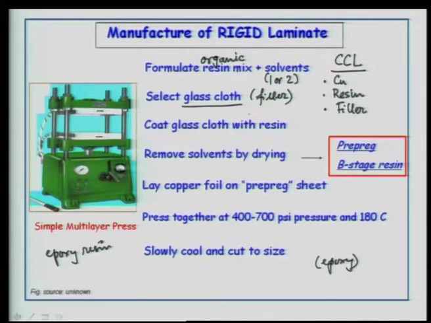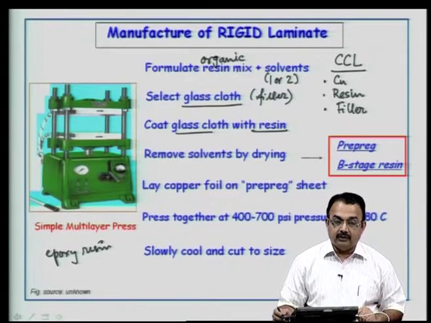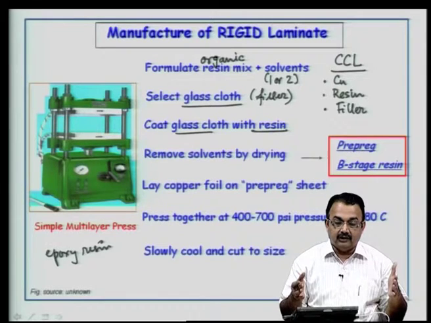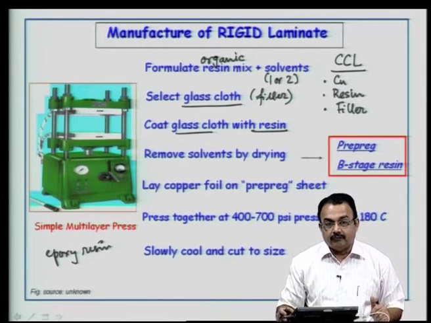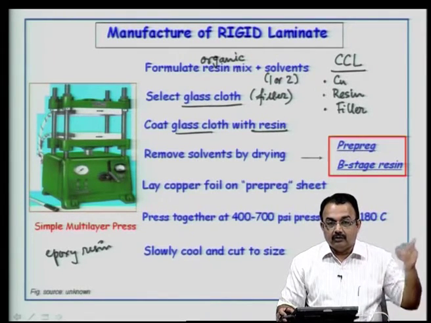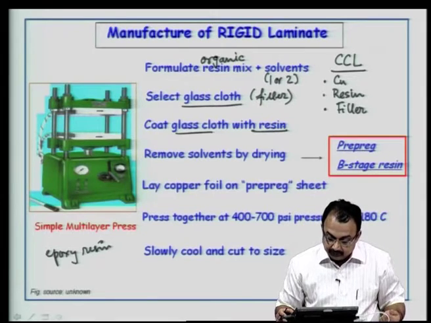Now, the glass cloth or the fiber is coated with the resin material. So, these two are mixed. How does it happen? You will have a container of resin into which the glass woven structure will dip into the tank and then come out coated with the resin.